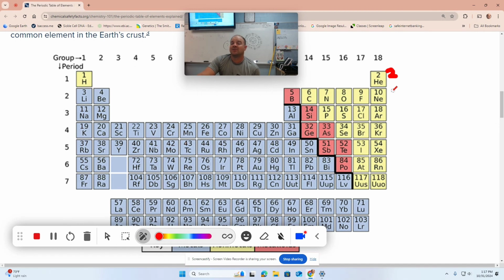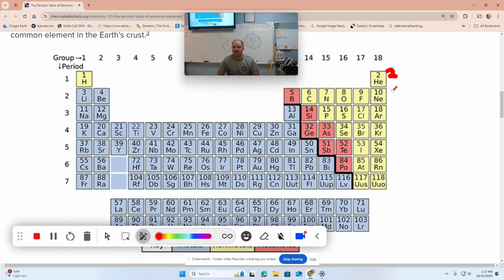The second row on the periodic table has how many elements? 8. The second ring on your Bohr models corresponds to the second row on the periodic table. So 8 elements, max 8 electrons.